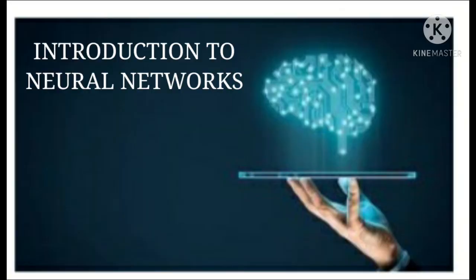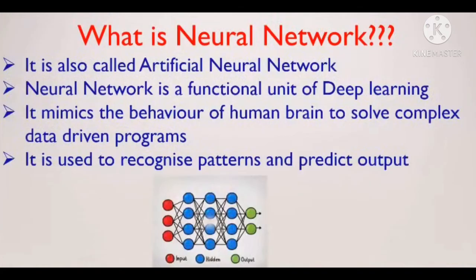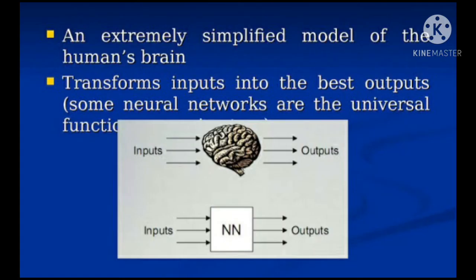Let's move on to the second chapter, and that is Introduction to Neural Networks. So let's start with the definition of ANN. Do you remember, children? Do you know what is ANN? So ANNs are artificially created systems or networks which are based on the working of the human brain.